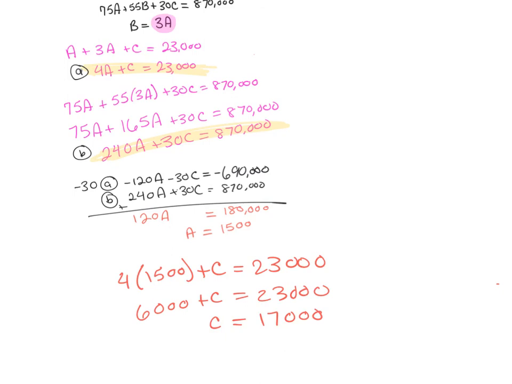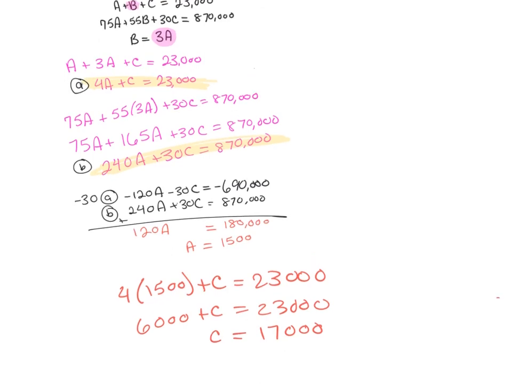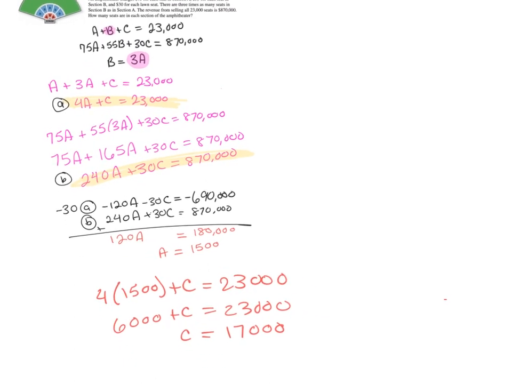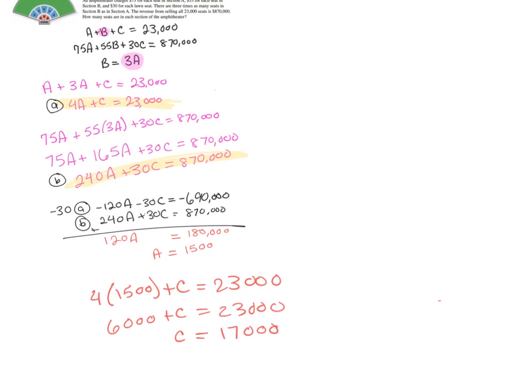Plug those two back into one of the ones before, probably one of the original ones. Let's look back up here. So we know that A plus B plus C equals 23,000. So we're going to use that first equation. So A is 1,500. I do not know what B is. C is 17,000 equals 23,000.